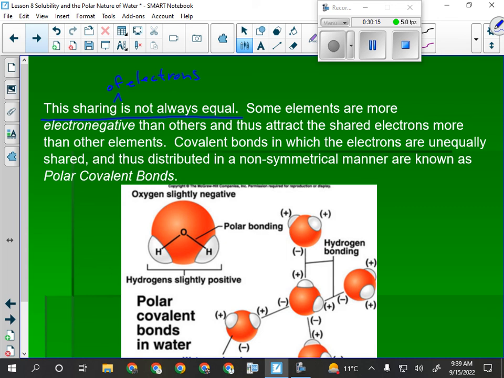That's the nature of a polar molecule. That's the part you have to be able to explain to me. All right, so covalent bonds in which the electrons are not shared equally are called polar covalent bonds.